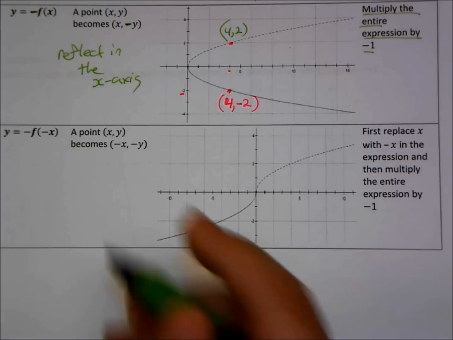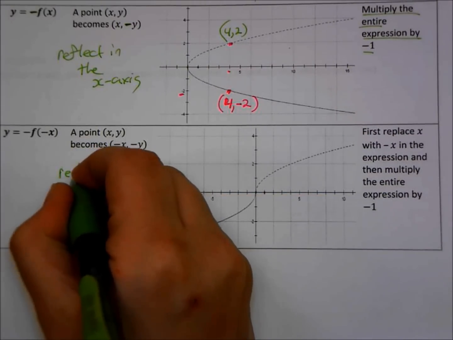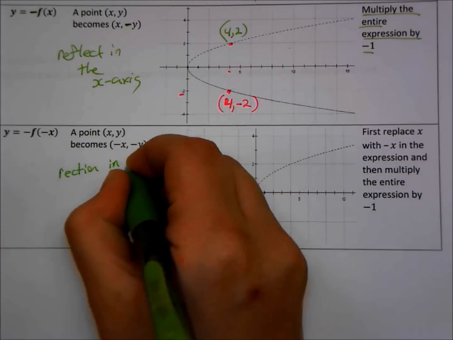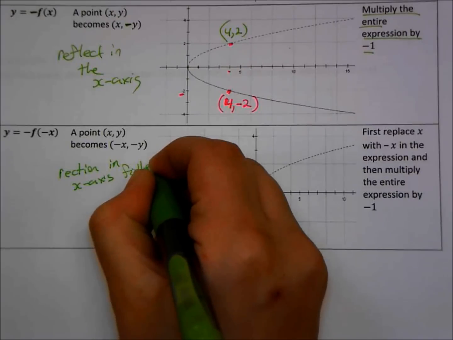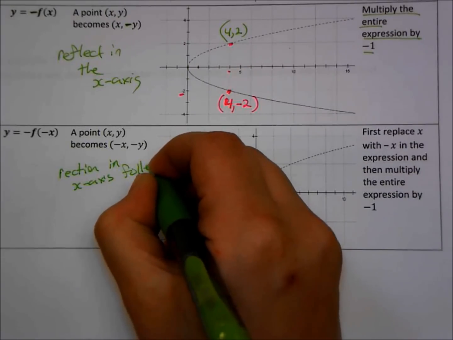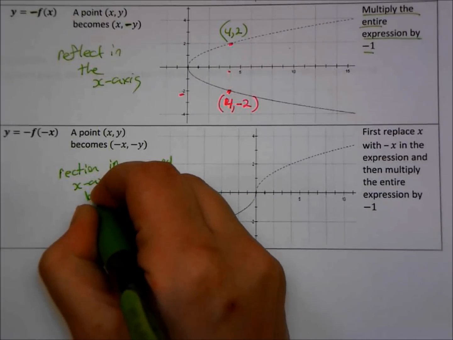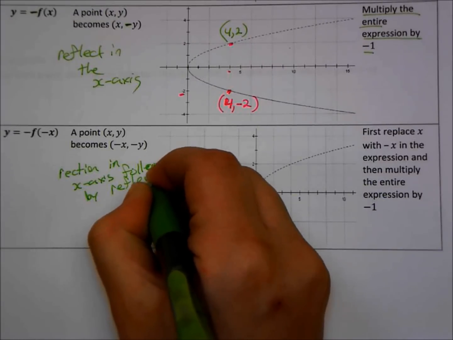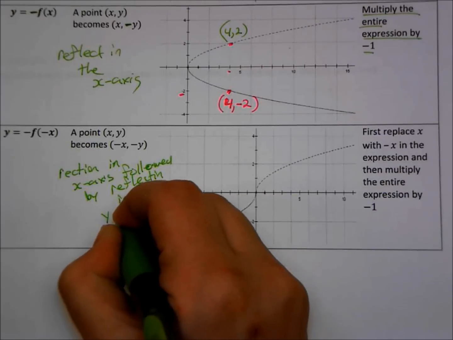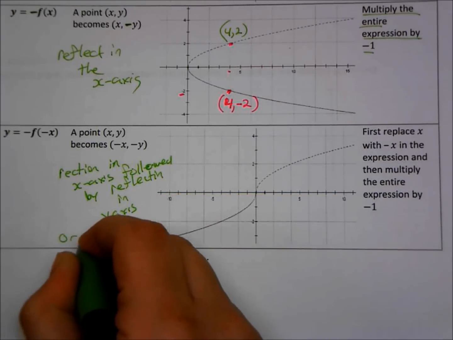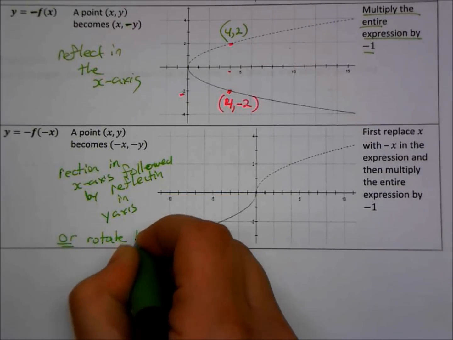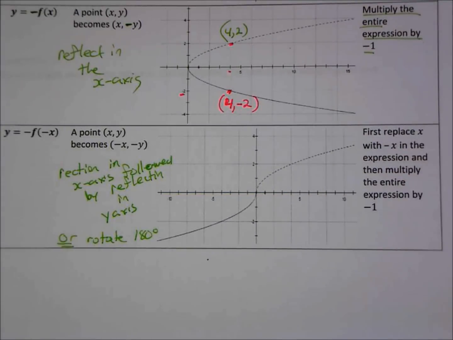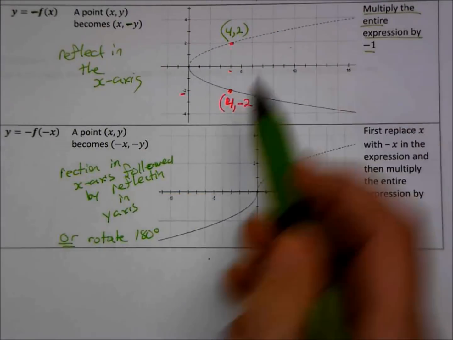So this is a reflection in x followed by a reflection in the y-axis, or rotate 180 degrees, halfway around.